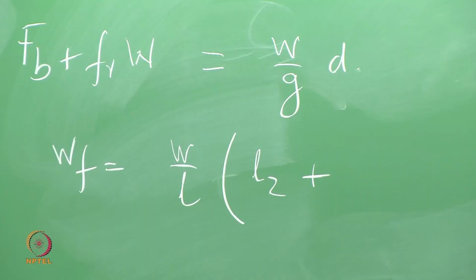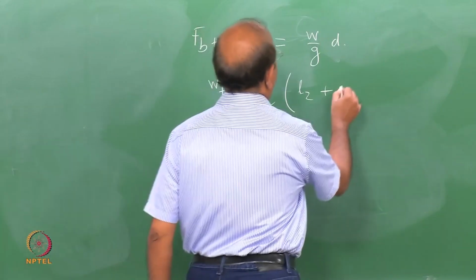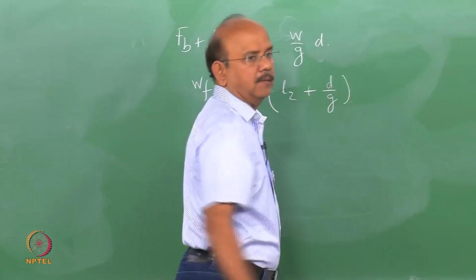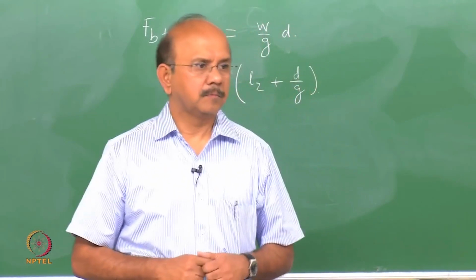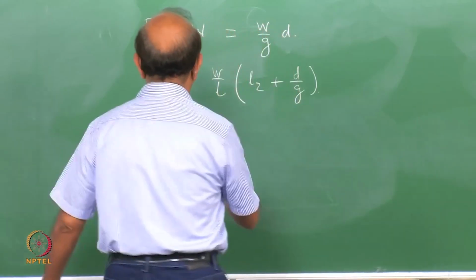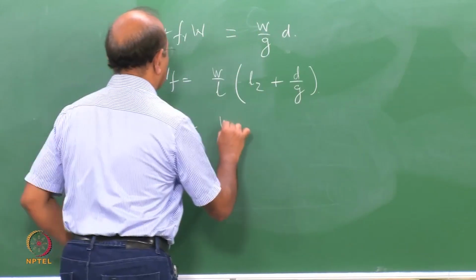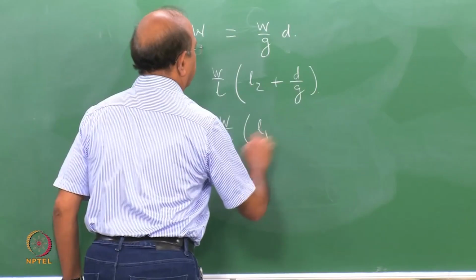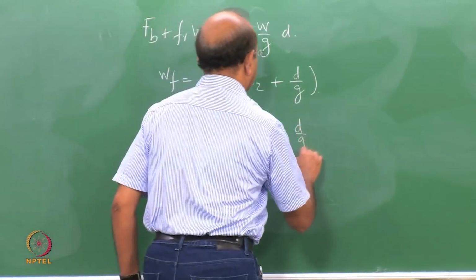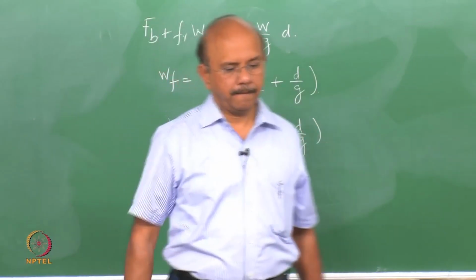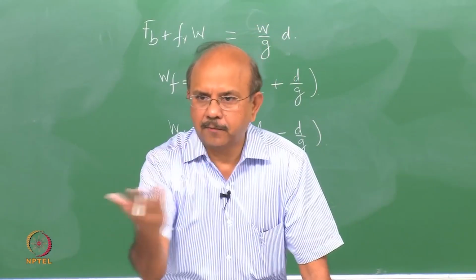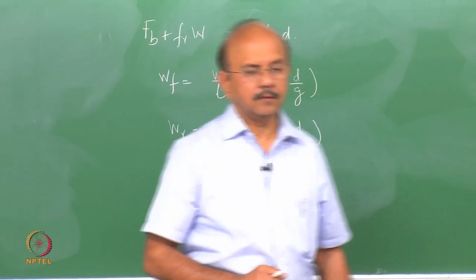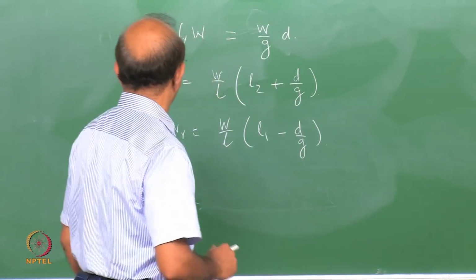You can replace what was in the bracket in the previous case by this, and can I not write this as the deceleration divided by g? Okay. In the same fashion I can write down Wr as L1 minus d by g. Okay, what was in the bracket? I just replaced it by the first equation. Right.